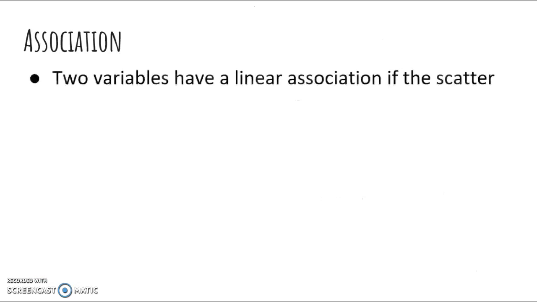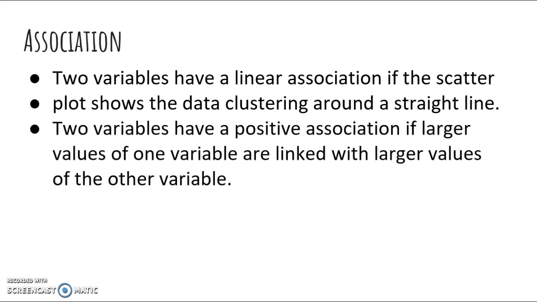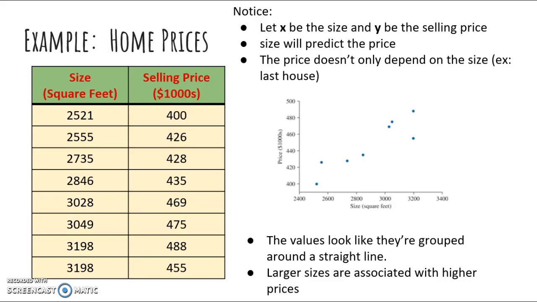So two variables have a linear association if the scatter plot shows the data clustering around a straight line, just like we saw earlier on the previous slide. Two variables have a positive association if larger values of one variable are linked with larger values of the other variable. So let me just go back and show you.